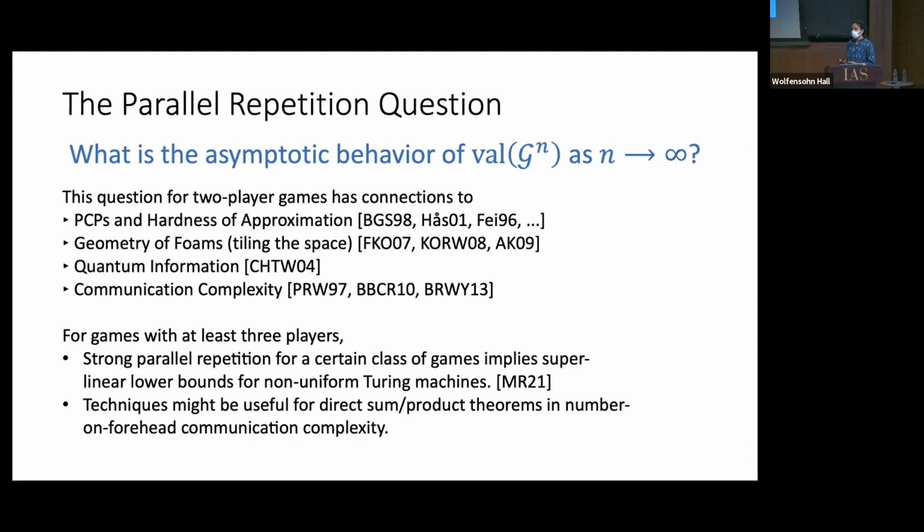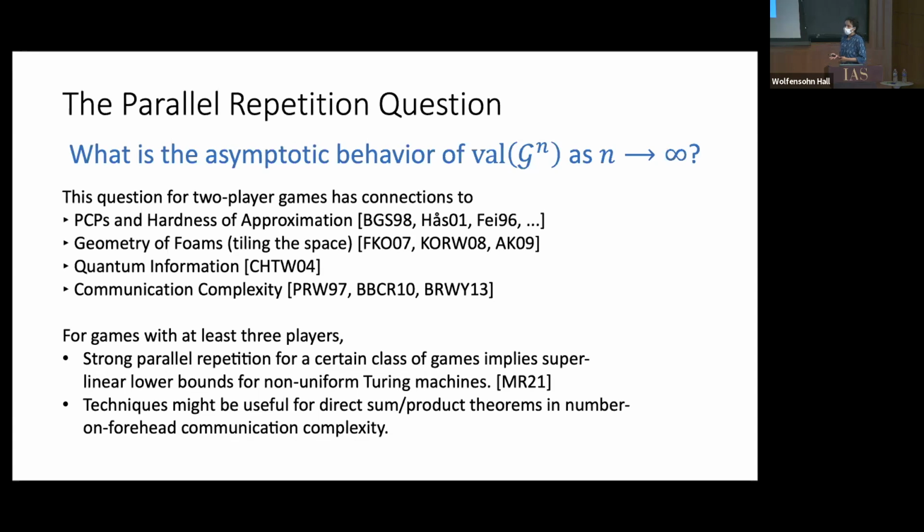So this is one reason why we might want to study multiplayer parallel repetition. But more generally, there is this intuition in the field that the kind of bottlenecks you encounter while trying to prove multiplayer parallel repetition is very similar to the kind of bottlenecks you encounter while proving number-on-forehead lower bounds in communication complexity. So one might hope that proving new techniques to prove parallel repetition lower bounds has applications in other settings as well.